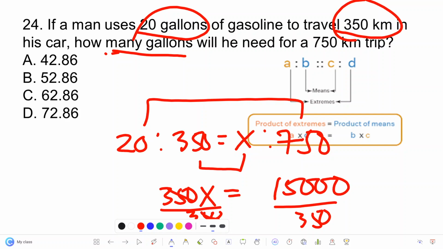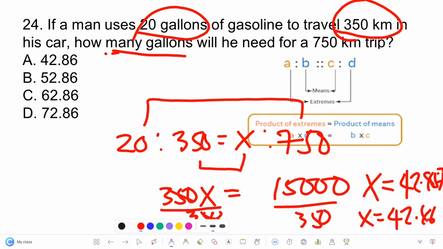This will give you x to be 15,000 over 350. This is equal to 300 over 7. This is 42.857 or x is equal to 42.86. So, our correct answer is letter A.